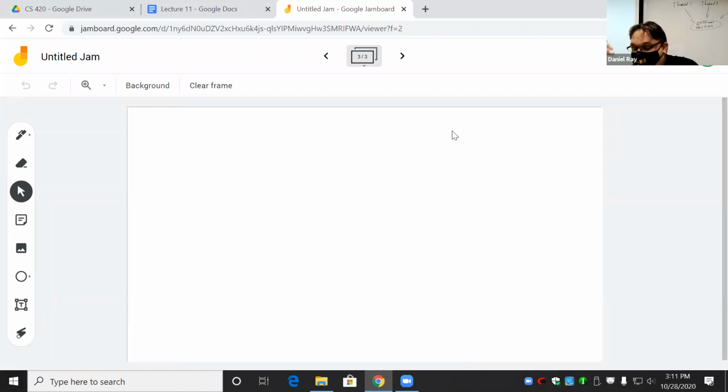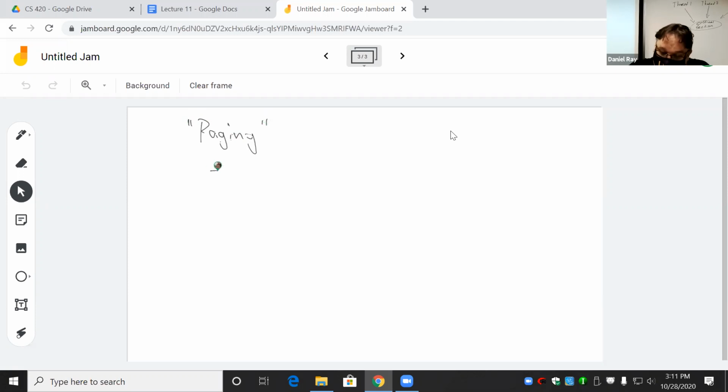Is there a better way to organize how we are going to load logical address space data into the physical address space? And this all comes down to something that's called paging. Paging.